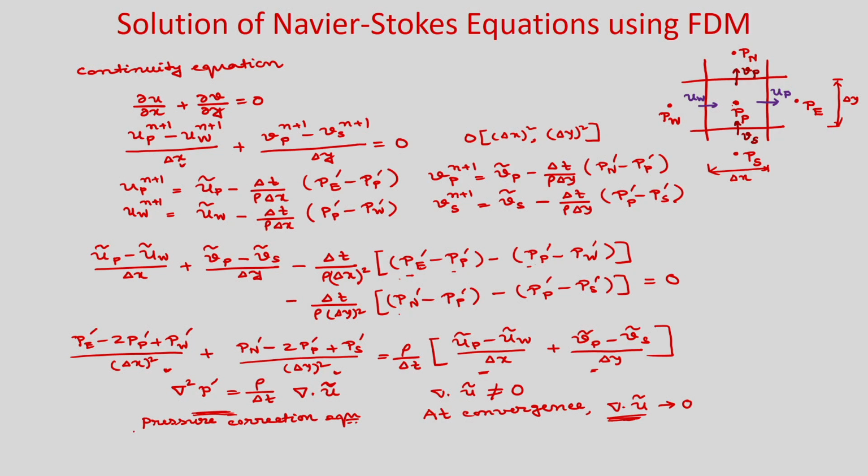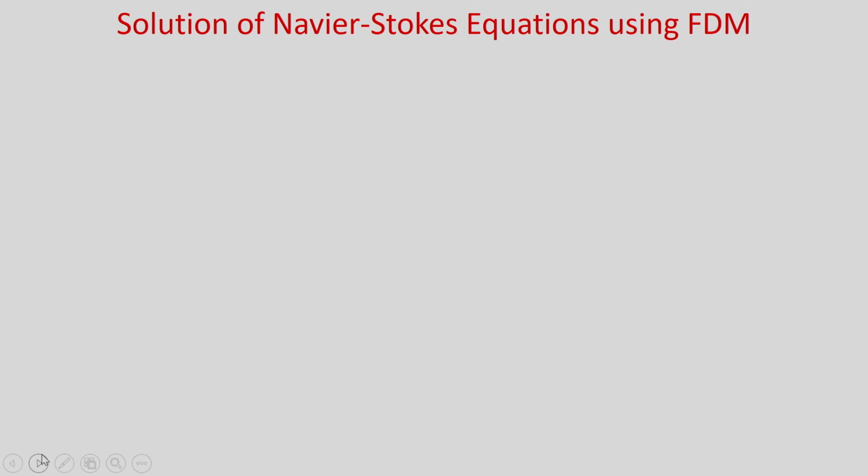And you can see that this equation is difficult to solve because you have a pentadiagonal matrix. So, the MAC algorithm suggests that you assume the corrections of neighboring terms as 0. The assumption is that the pressure correction in the neighboring cells is 0.